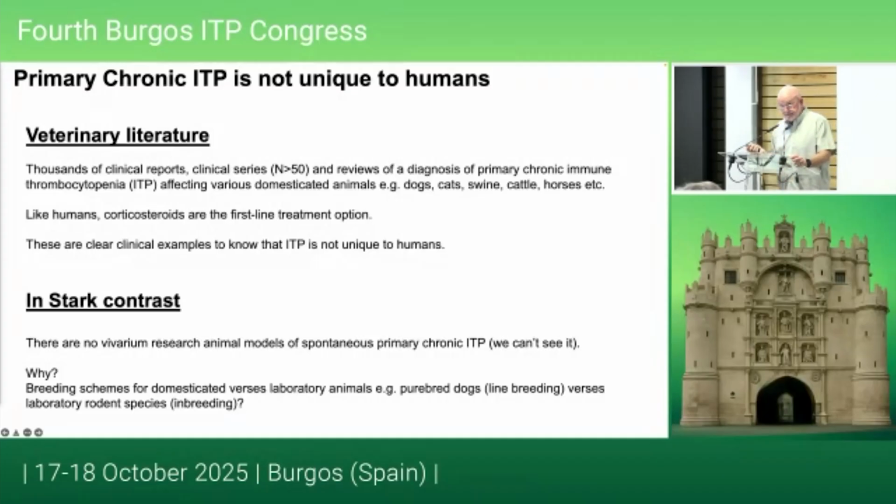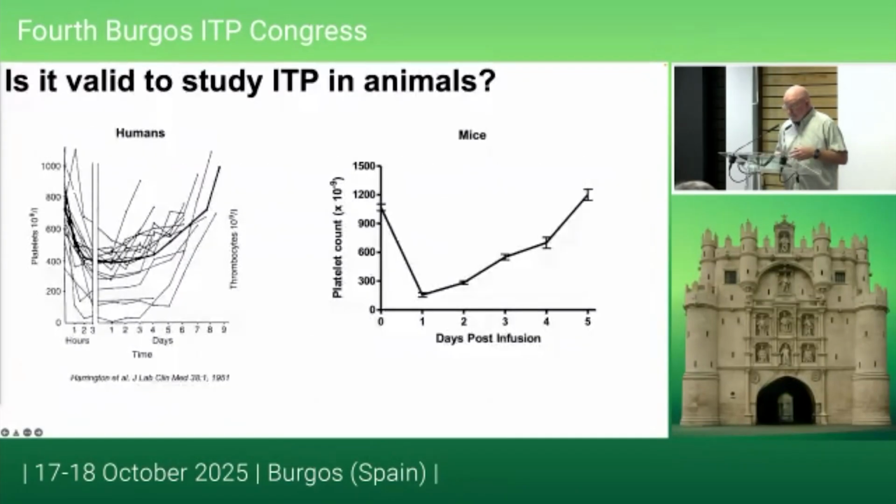I think it might be due to the breeding schemes between domesticated animals versus laboratory animals. Domesticated animals are line bred, whereas laboratory animals are inbred by brother-sister mating. So that may be the reason why we don't see ITP. So we have to manipulate the animals in order to make them thrombocytopenic. And I'm just going to go through a couple of models about how that works.